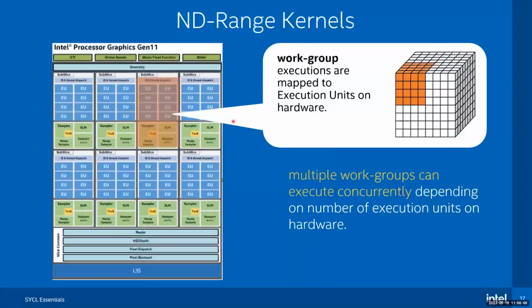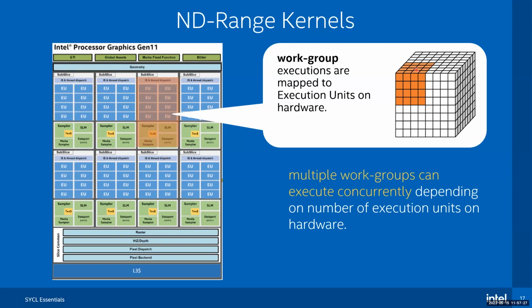Where it's helpful is you can see a very basic GPU architecture here, where there is a bunch of these blocks called subslice, or in the newer architecture, it's called the XE cores, right? So there are many XE cores, and when we group executions, each of these groups will map to each one of these XE cores or subslice.